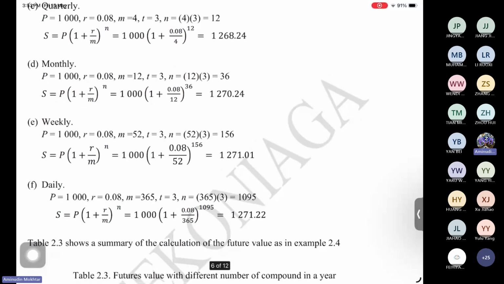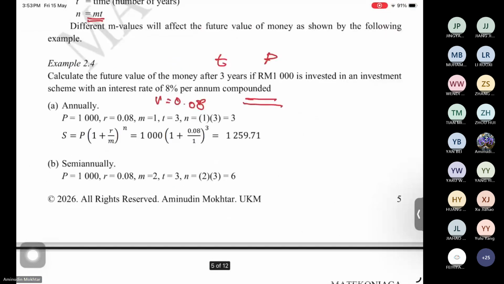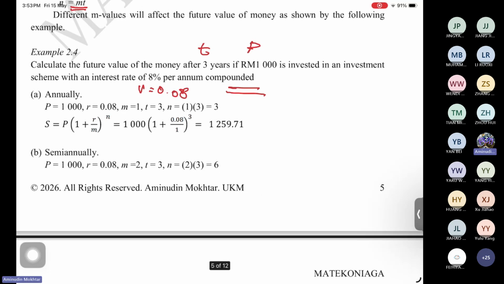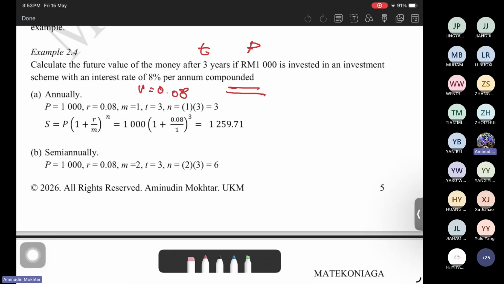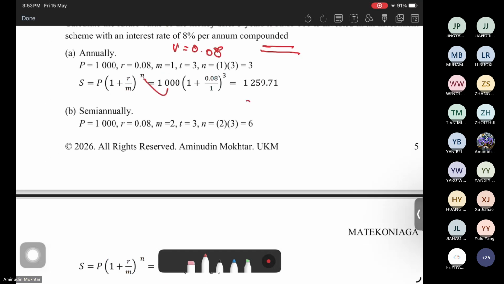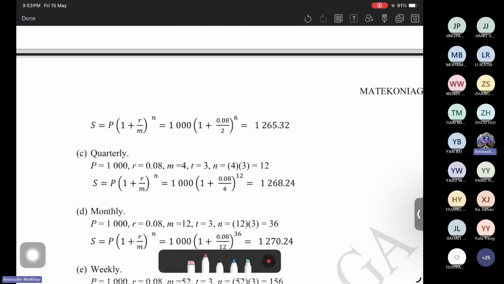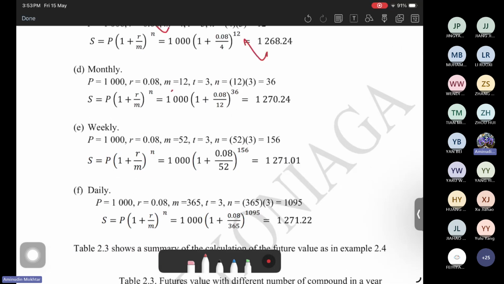So in conclusion, we can see here, as you can refer to the page for this example, example A, M equal 1, the future value of money is 1259. And then when M equal quarterly, M equal 4, the future value of money also increases. Now we have monthly, M equal 12.